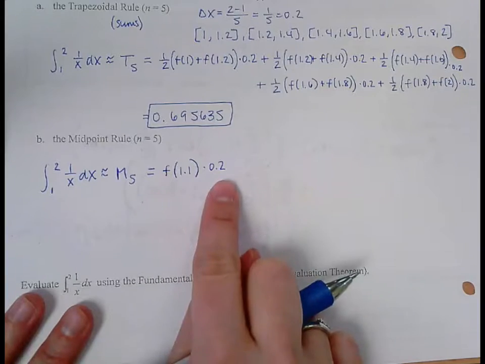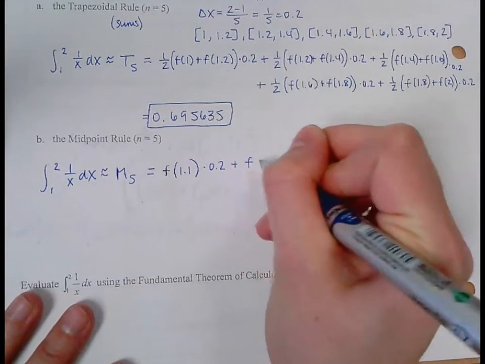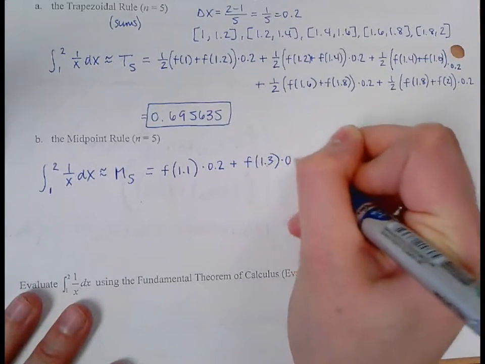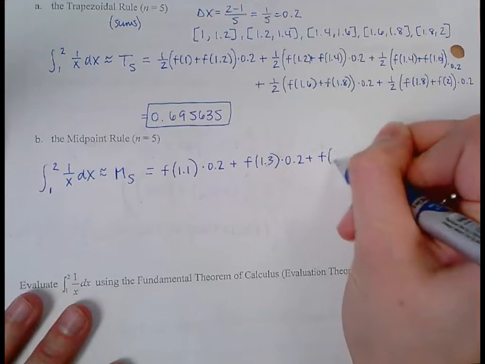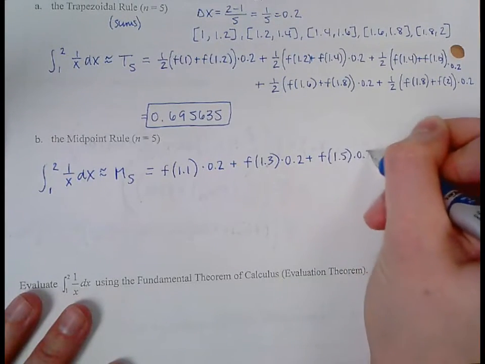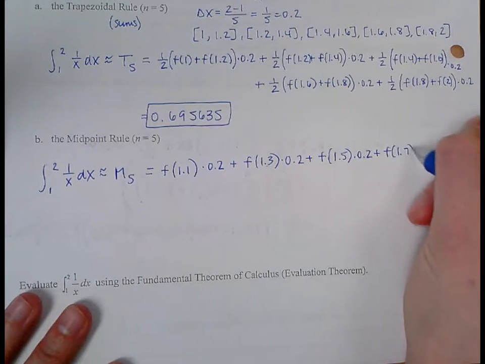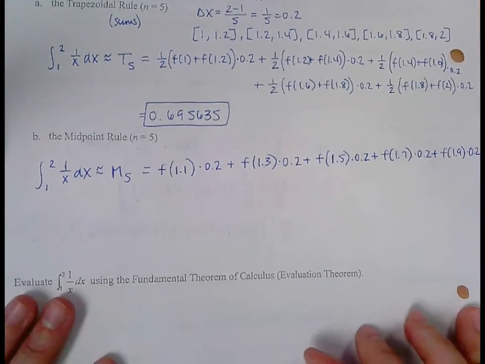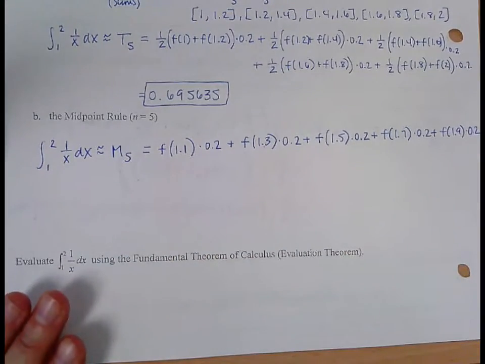This would be the area of the first rectangle using the midpoint, plus the second rectangle would have an area of f of 1.3 times 0.2, plus the third rectangle f of 1.5 times 0.2, plus the fourth one f of 1.7 times 0.2, plus f of 1.9 times 0.2. Just so you understand the setup again, this then just becomes a calculation.